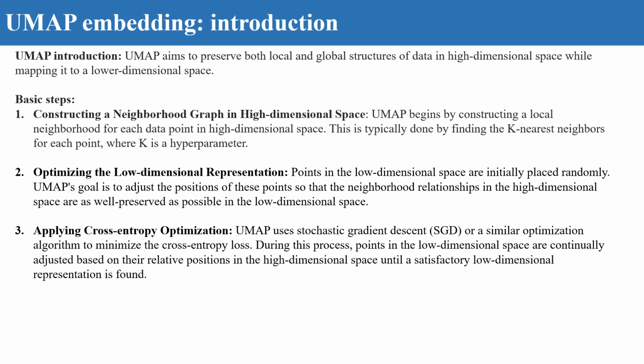UMAP aims to preserve both local and global structures of data in high-dimensional space while mapping it to a lower dimensional space. It constructs a neighborhood graph in high-dimensional space, optimizes the low-dimensional representation, and applies a cross entropy optimizer using SGD or a similar algorithm.